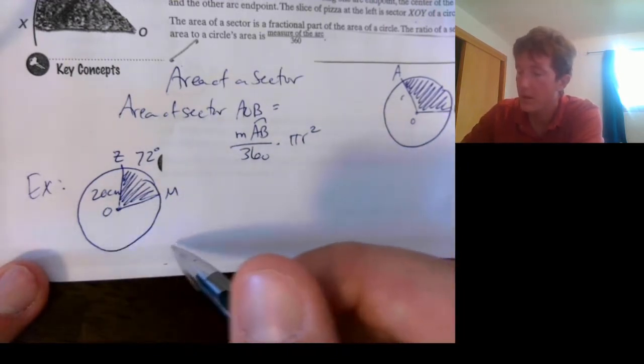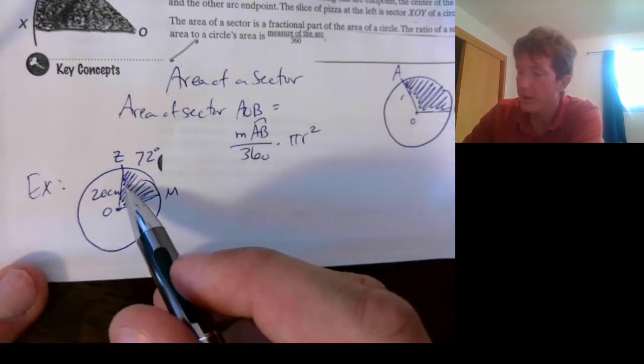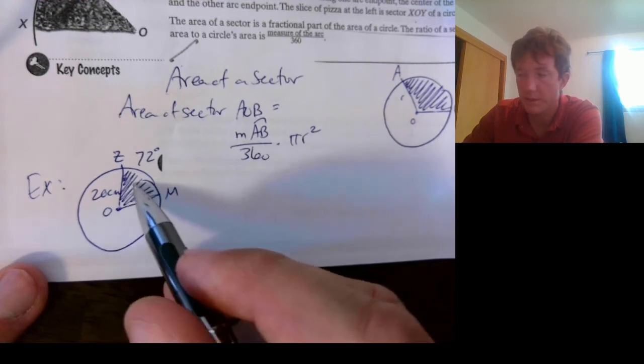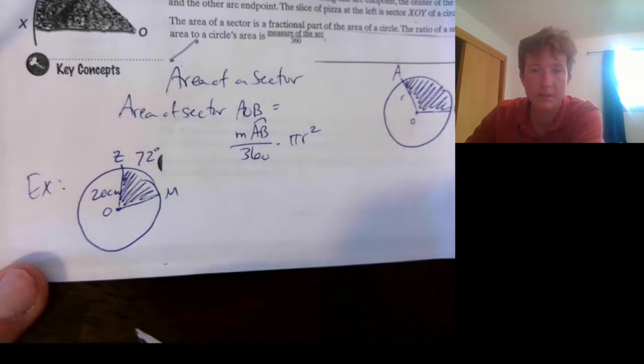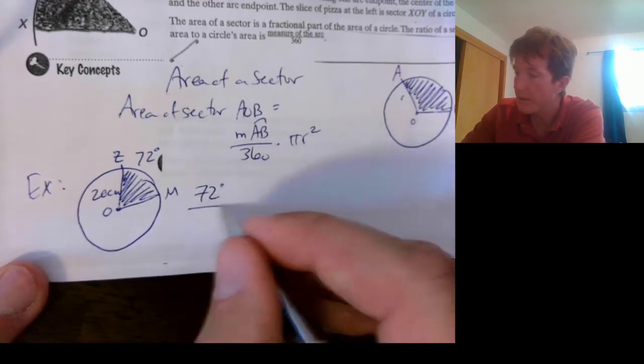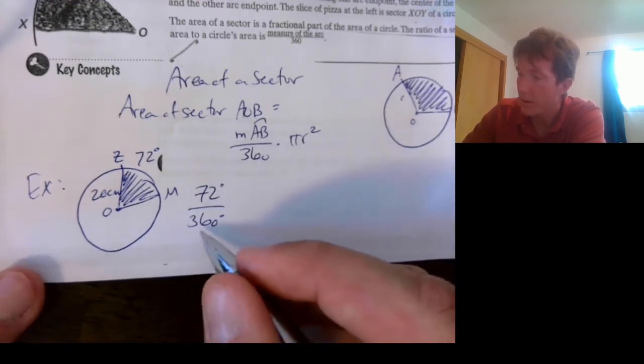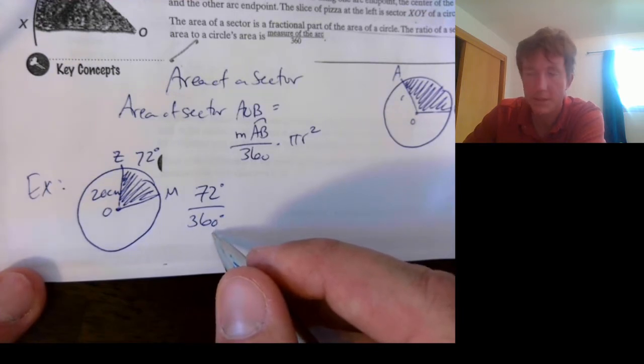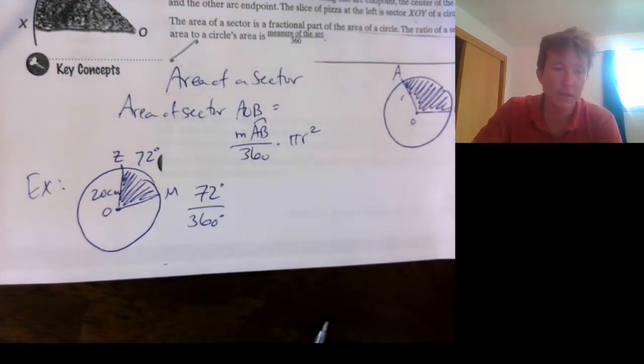Okay, so I first need to figure out how much of the circle this sector is, like how many degrees of the circle this is. So this is 72 degrees of the entire circle, so that's of 360. 72 divided by 360. I'm hoping that's a nice number.